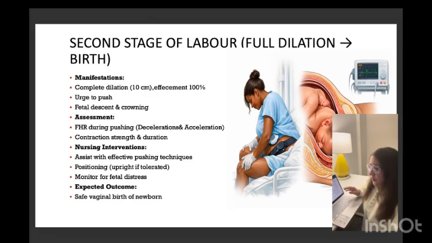Here we are assessing for decelerations and accelerations, and our nursing interventions are to assist with effective pushing techniques, positioning upright if tolerated, and to monitor for fetal distress. The expected outcome is a safe vaginal birth of the newborn.